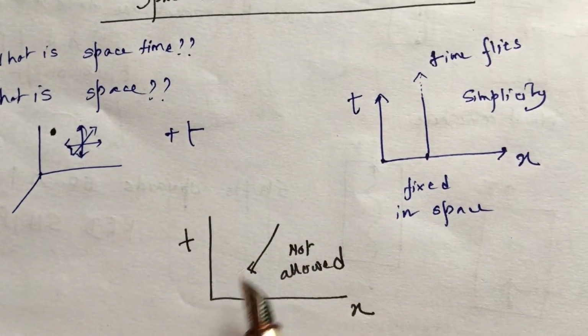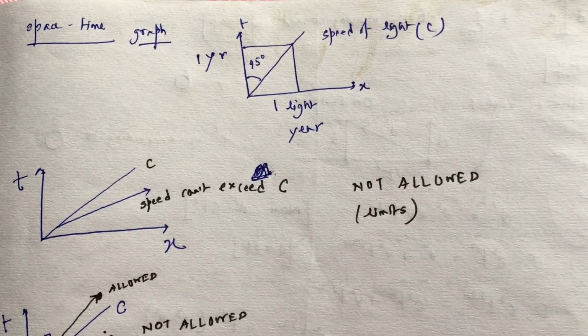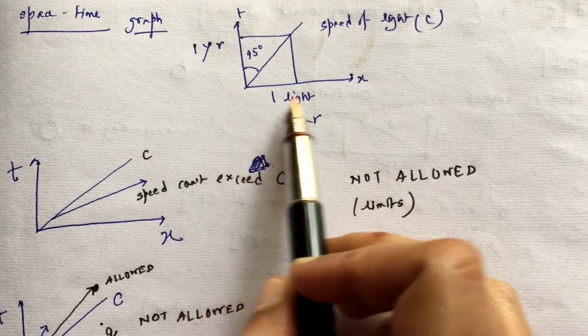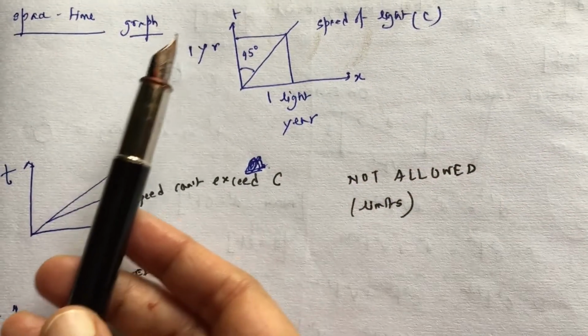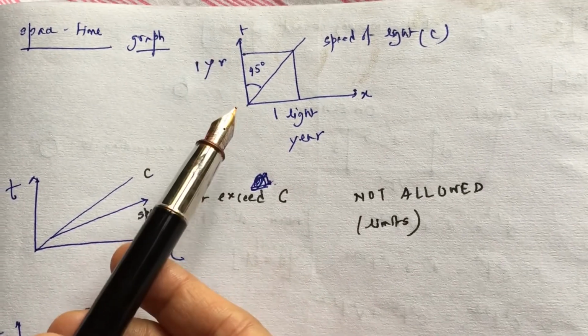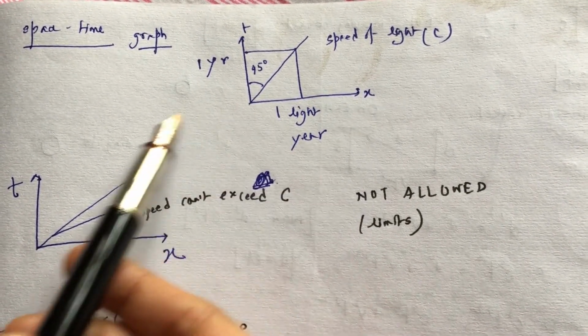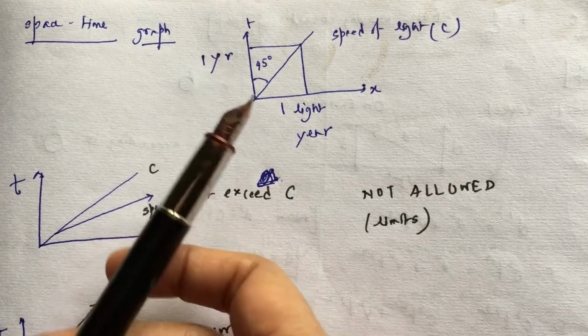But in time we cannot go backward. Let's consider the space-time plot. Here I will plot the space axis and here I will plot the time axis. So here the space increases, it can decrease of course, but time will increase only in one direction.